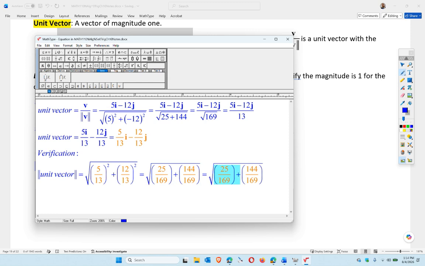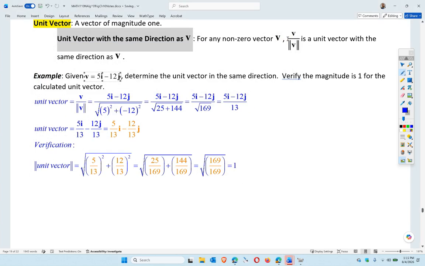If you add those together, that is 169 over 169, which is 1. The square root of 1 is in fact 1. It is verified, so that in fact is the unit vector.